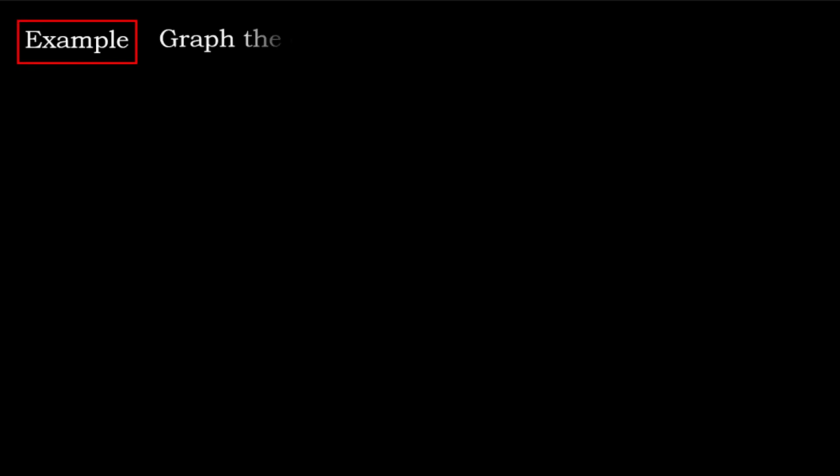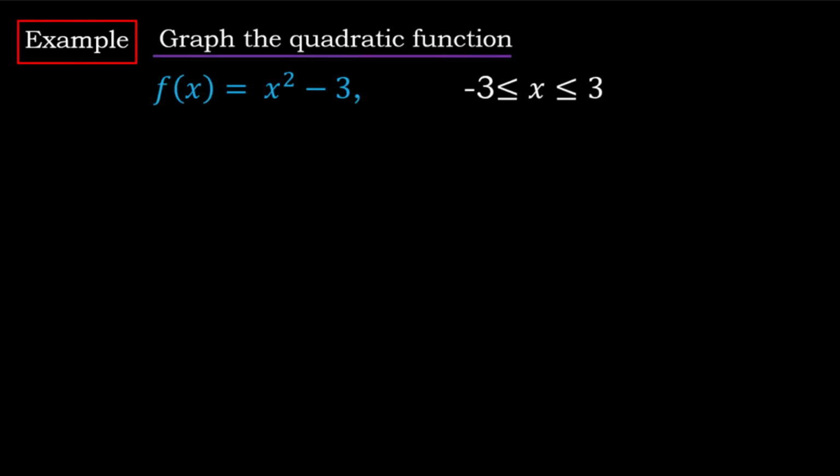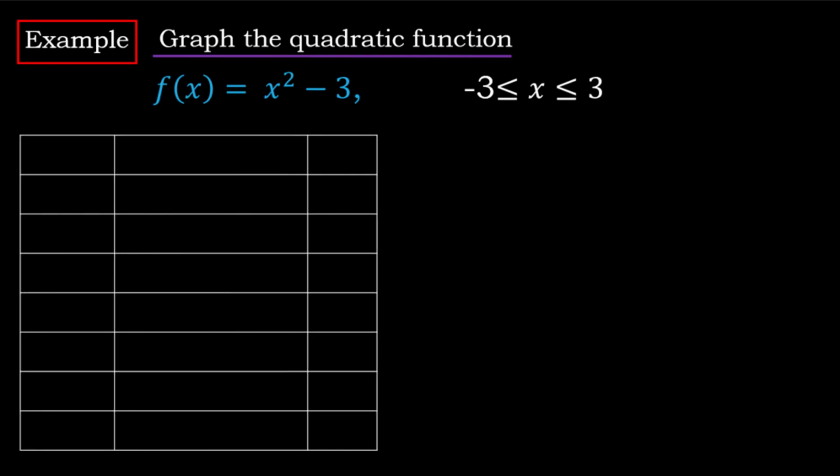Example: graph the quadratic function f of x equals x squared minus 3, where x is greater than or equal to -3 and less than or equal to 3. Make a table and write the rule of the function, x squared minus 3, with values of x from -3 to 3: -3, -2, -1, 0, 1, 2, 3.